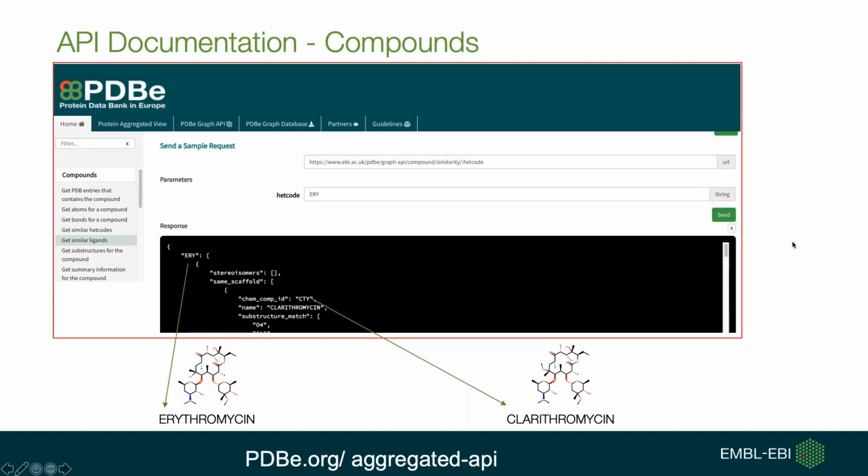So once you provide the het code of the ligand, the response will be rendered, and there is a same scaffold field which can be used to get the ligands which have the same scaffold as that of the ligand in question.